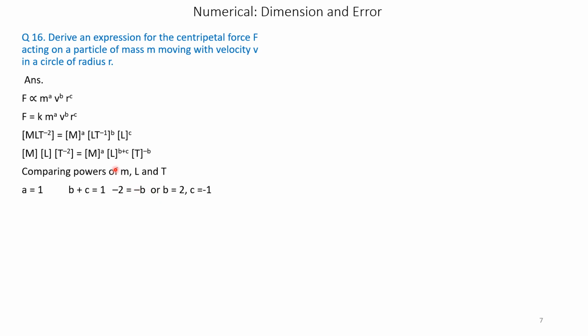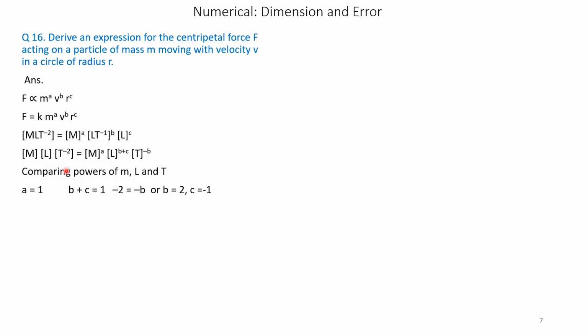a is equal to 1. That is, M on the left hand side is M to the power of 1 and M^a on the right hand side, therefore a is equal to 1. Comparing the powers of L, b plus c is equal to 1.